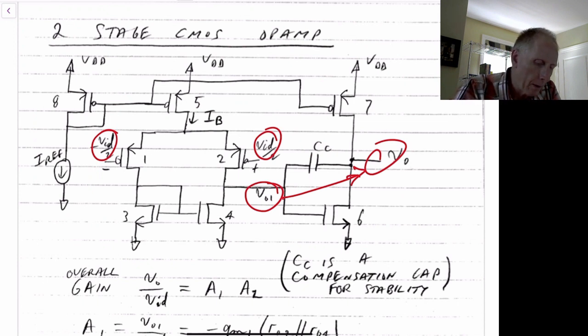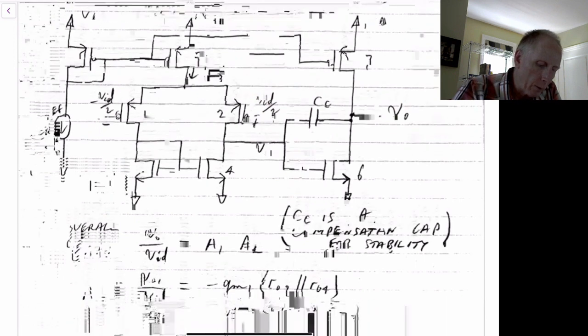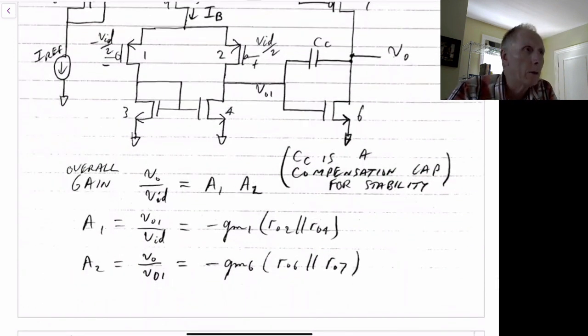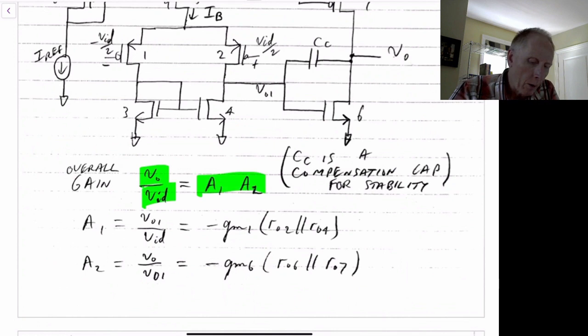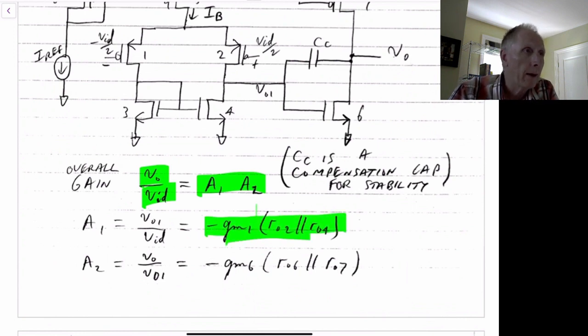So we can write down that the overall gain is given by this equation here, A1 times A2, where we've already seen the gain of the first stage, A1, is given by minus GM1 times RO2 in parallel with RO4. And the gain of the second stage is a common source amplifier, and we've seen the analysis for that, and that's just minus GM6 times RO6 in parallel with RO7.